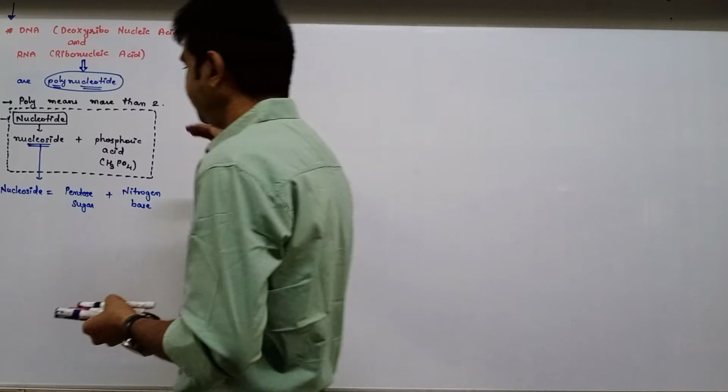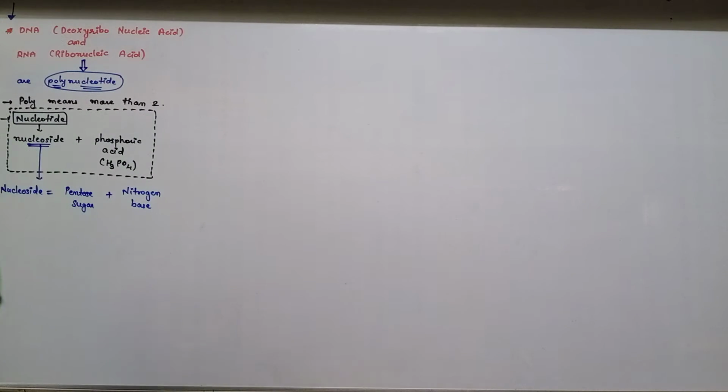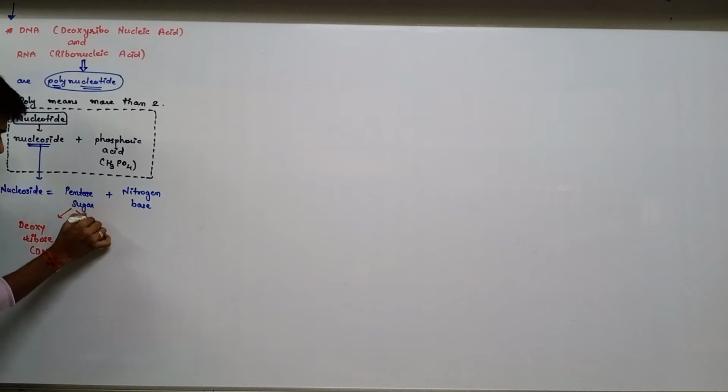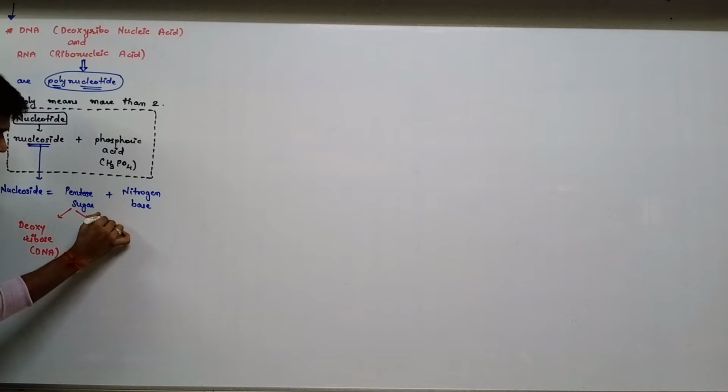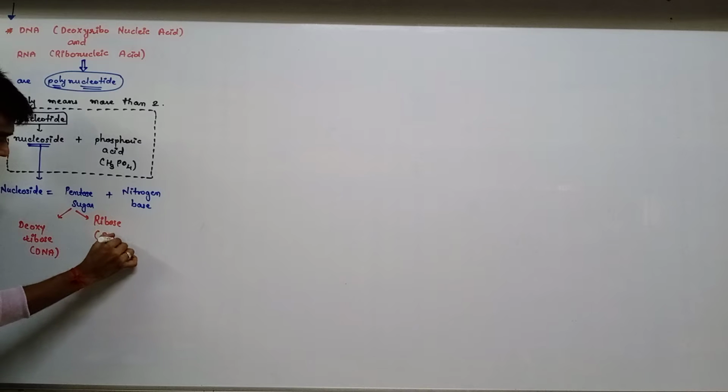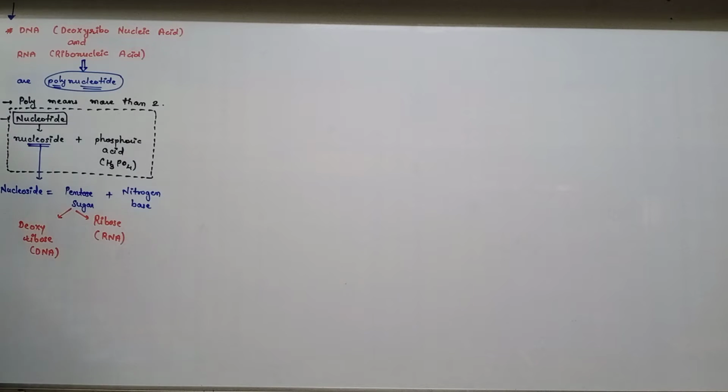If the pentose sugar is deoxyribose, as I had already given in the difference points, it is present in DNA. Whereas ribose sugar is present in RNA.